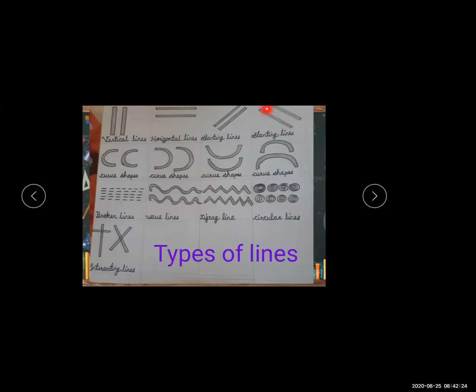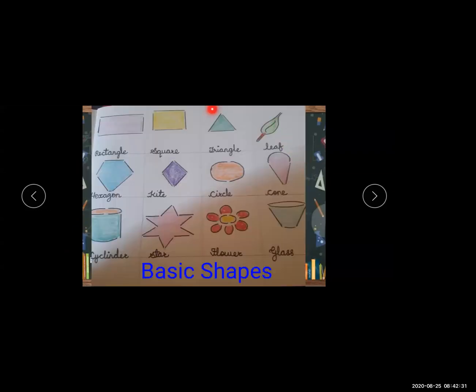And with the help of all these lines, we can form some shapes. See, these are some basic shapes. This is the rectangle, this is the square, this is the triangle, this is leaf shape made with the help of curve shape and a vertical shape. This is hexagon shape. This is the kite shape made with four slanting lines.